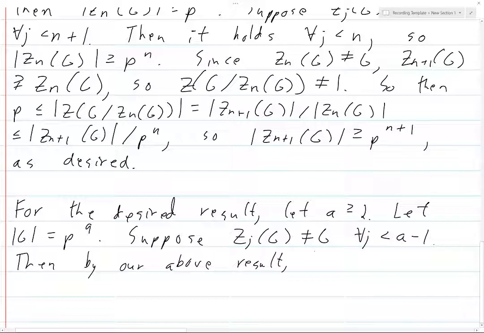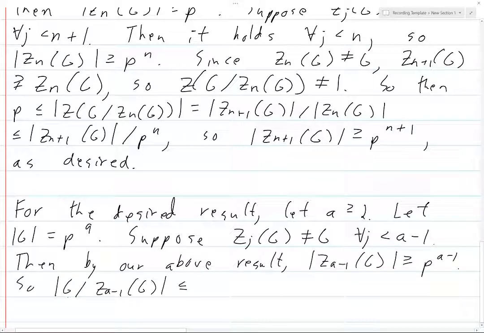So then the order of G mod Z_{a-1}(G) is going to be less than or equal to, because all of these are finite groups, the order of G divided by the order of the other thing. The order of G is just p^a, and for the other thing we use our inequality, and it's 1 over it, less than or equal to 1 over p^{a-1}.